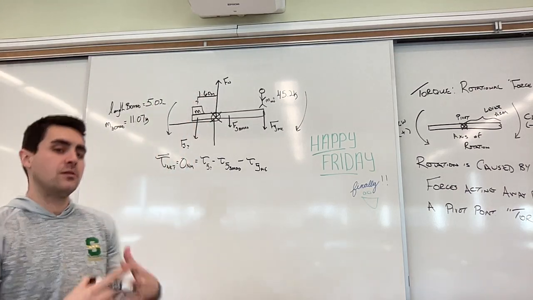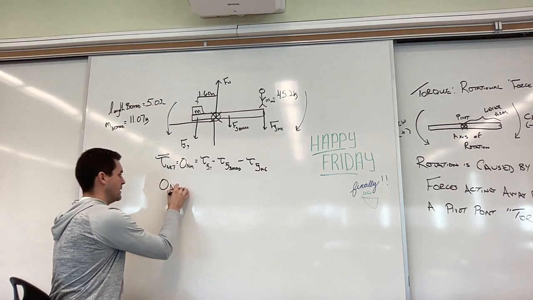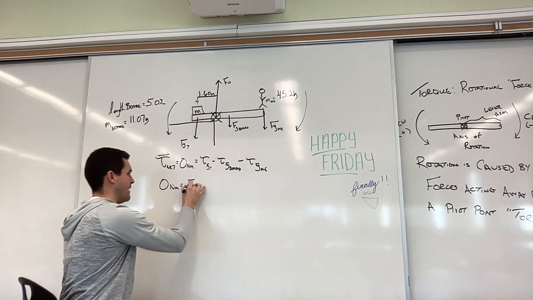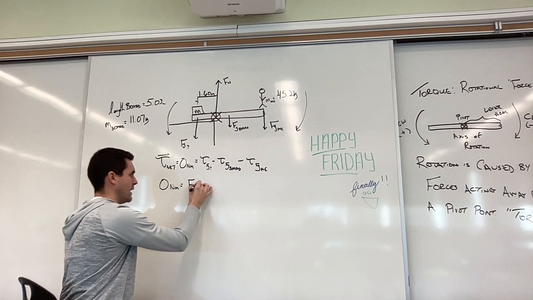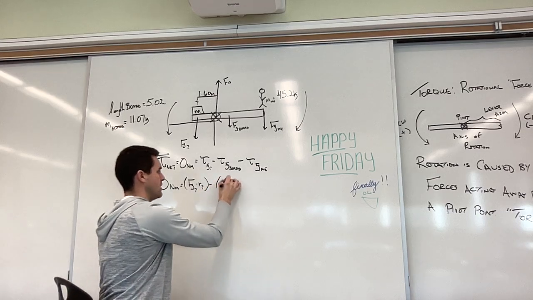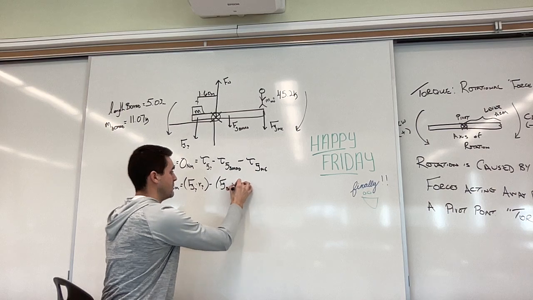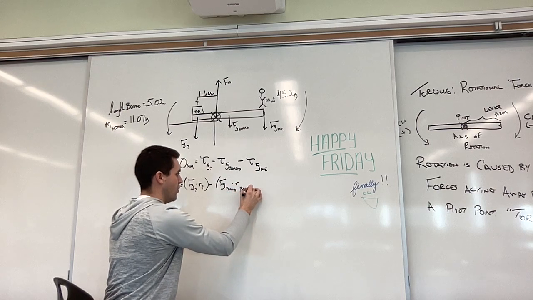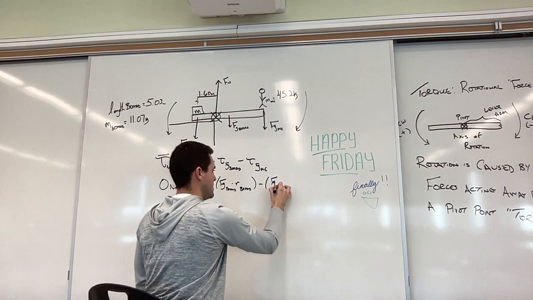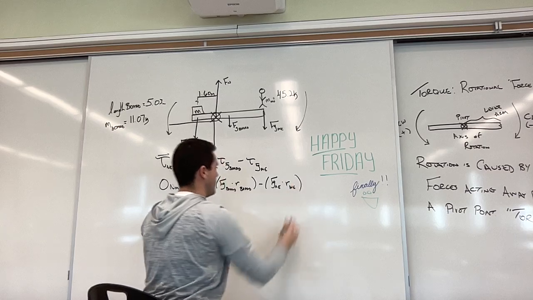So now let's start plugging some things in. Let's reduce this to different variables. Torque of F_G question mark is going to be F_G question mark times the radius to that question mark, minus F_G of the board times the radius of the board. And let's do F_G me times the distance to me from the pivot.